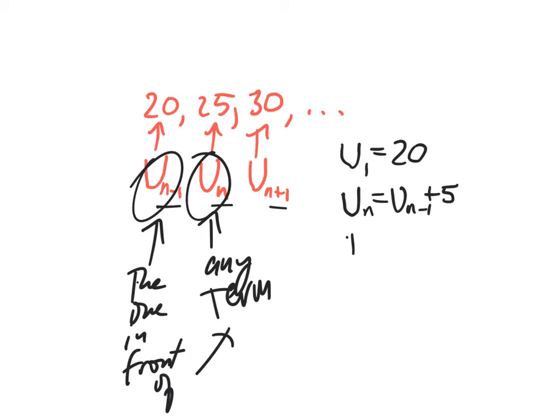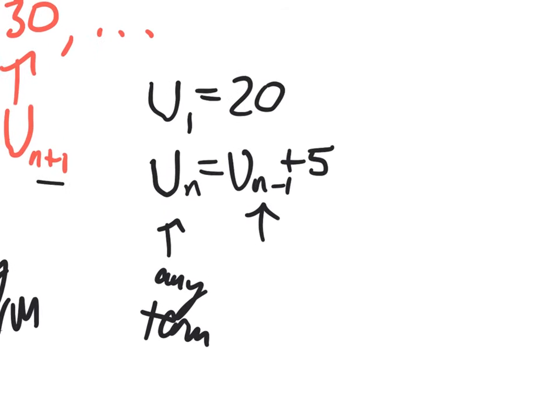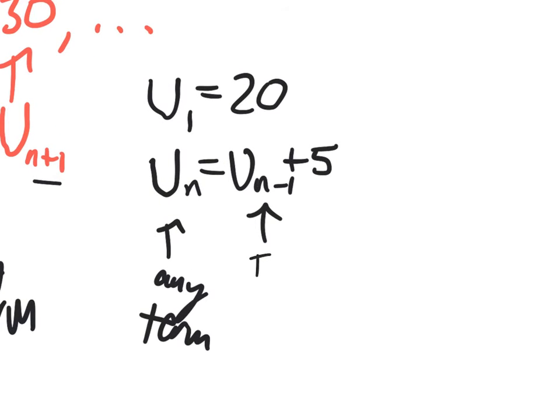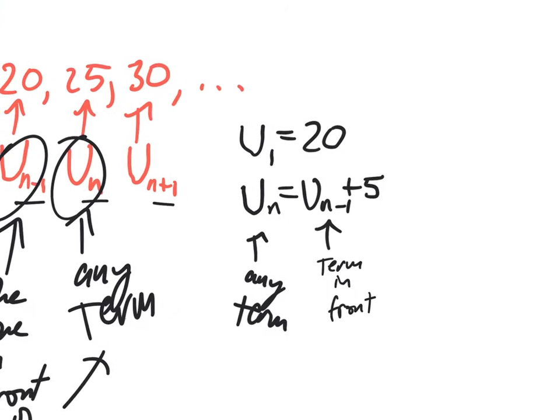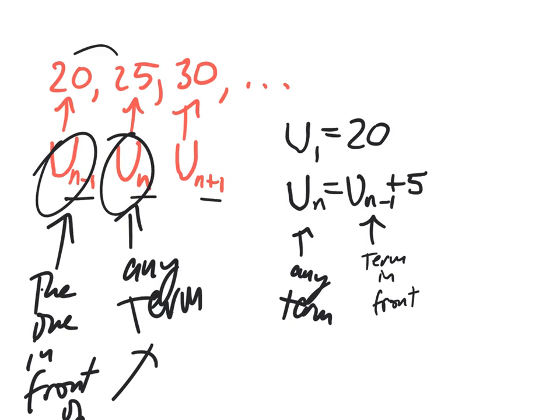That means any term, remember that's any term. Any term is given by, what's this one again? What does that mean again? The term in front of it. Any term is given by the term in front, add 5. That's what's happening in this little sequence.